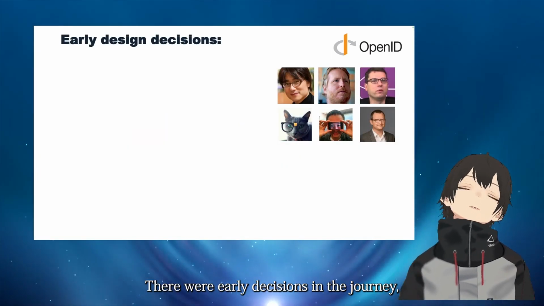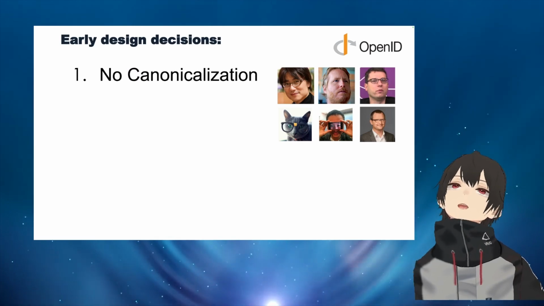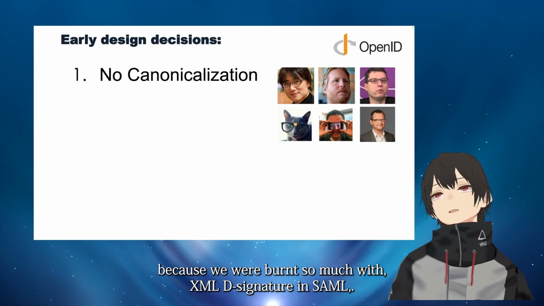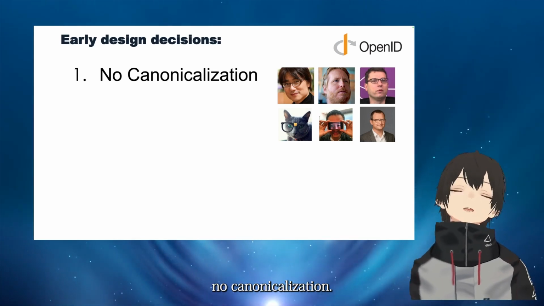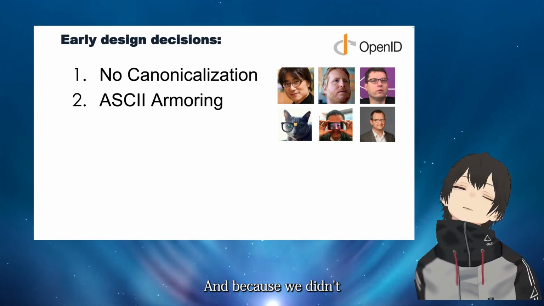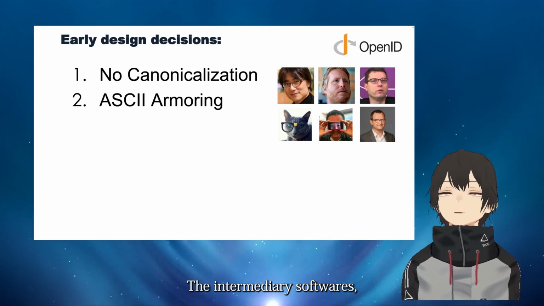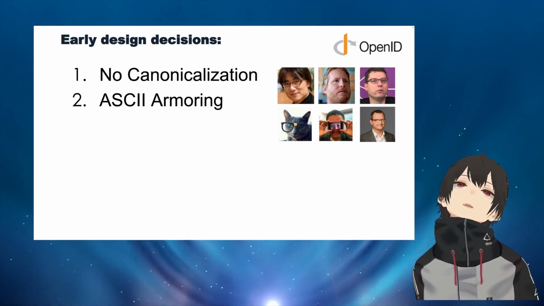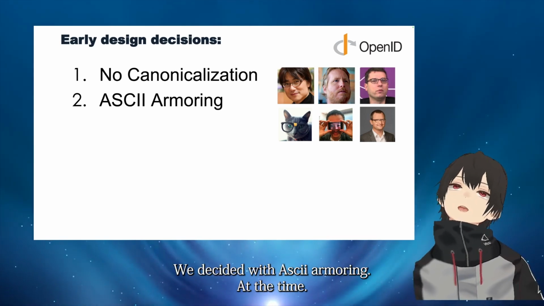There were early decisions in the journey. Because we were bound so much with the XML signature in the SAML, we decided that we are not going to do any canonicalization. And because we didn't believe the intermediary software, the middlewares, would not tinker with the strings, we decided on ASCII armoring.